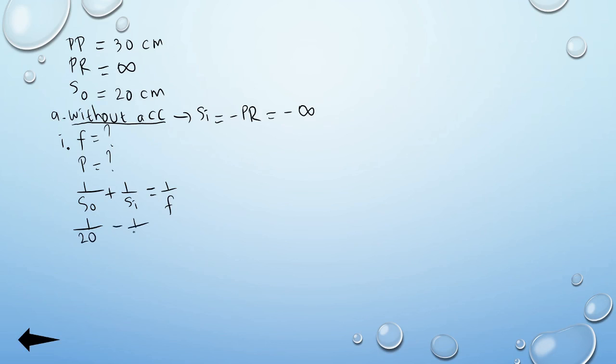SI equals negative infinity, so I put a negative sign in front of 1 over infinity. This equals 1 over F. Remember, 1 over infinity equals 0. So we have 1 over 20 equals 1 over F. It means that the focal length equals 20 cm.